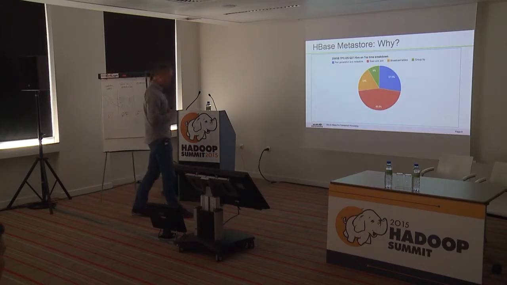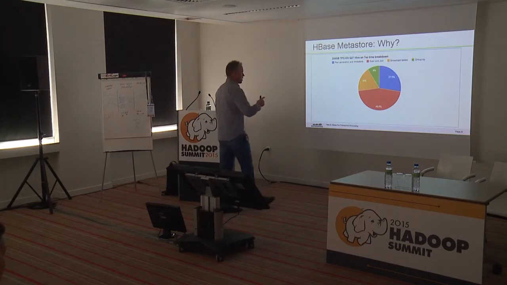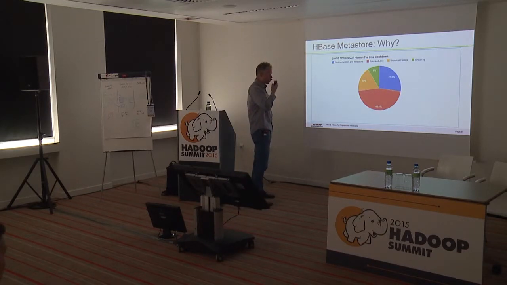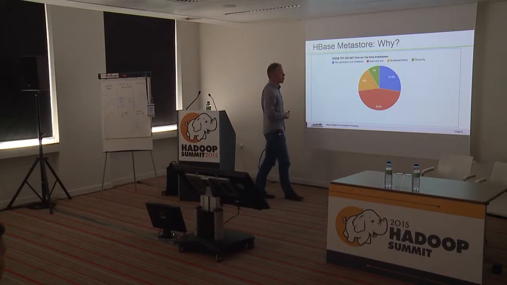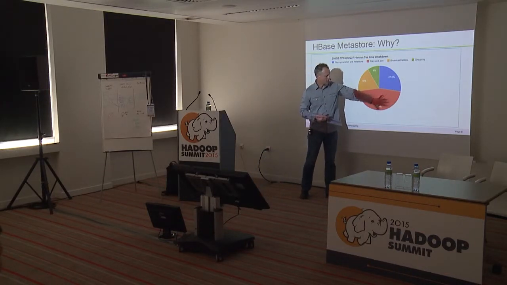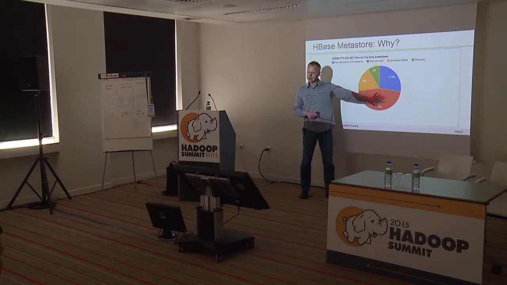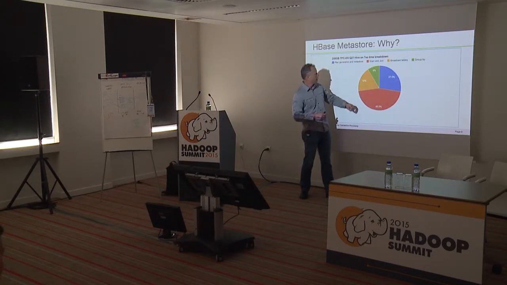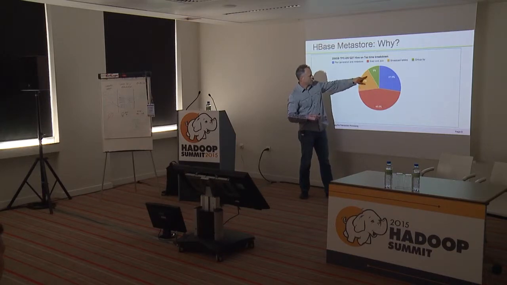Why are we concerned about this? So this is a pie chart that shows where we spent time on running one of those particular TPC-DS queries that I talked about. This big red stuff down here is the scan and join at the beginning, so LLAP will help quite a lot here, so you can see why we're spending time on that. It will also actually help here in dealing with the broadcast tables, because those could be cached.